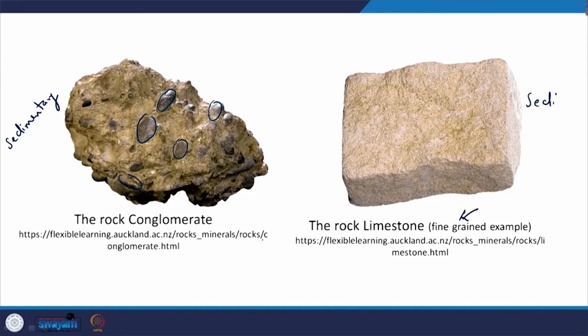Because calcite is one of the principal mineral components of limestone, it will fizz in dilute hydrochloric acid. So, that is one of the major procedures to identify that this rock is limestone. Its texture can be clastic or non-clastic.